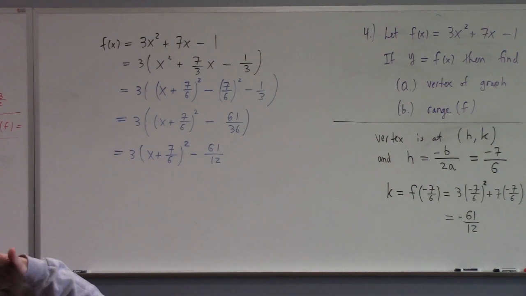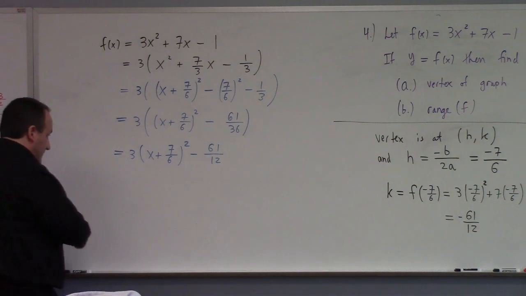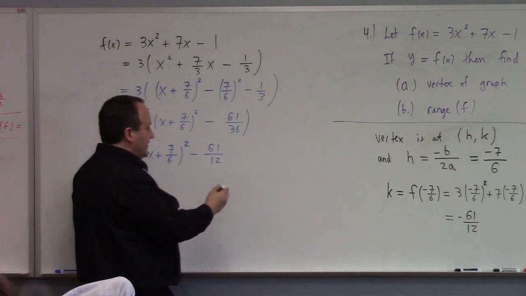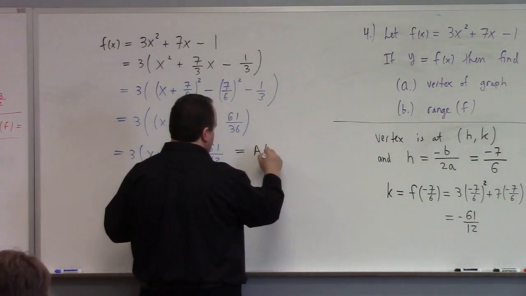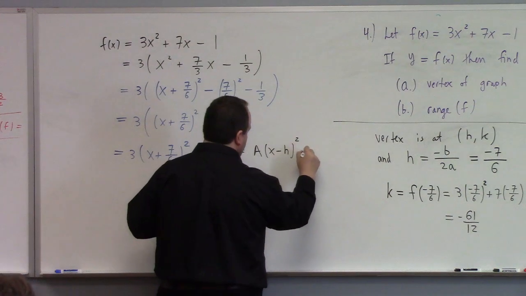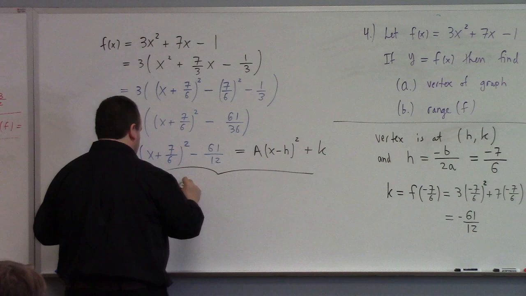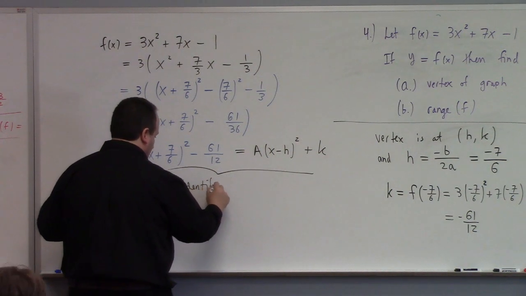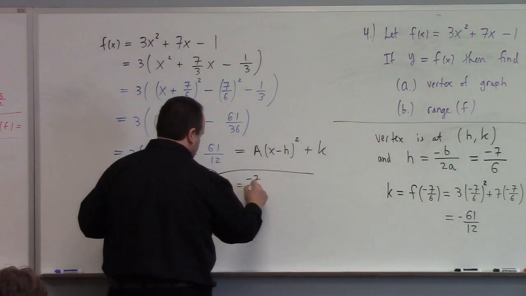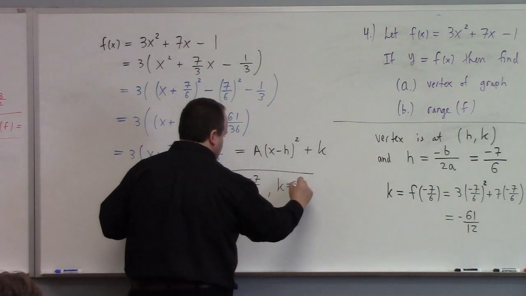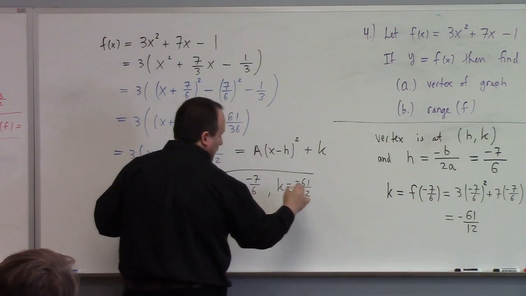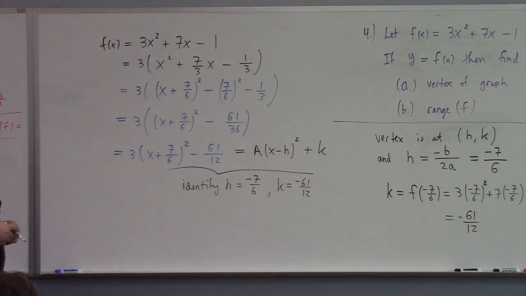Now we're looking at the so-called vertex form of the parabola, a times x minus h quantity squared plus k. So you can identify h is minus 7 over 6, and the k for the vertex is minus 61 over 12, which is of course what we found from that other approach over there. I think the first approach is better for this problem, personally, but it's important for you to know about both.